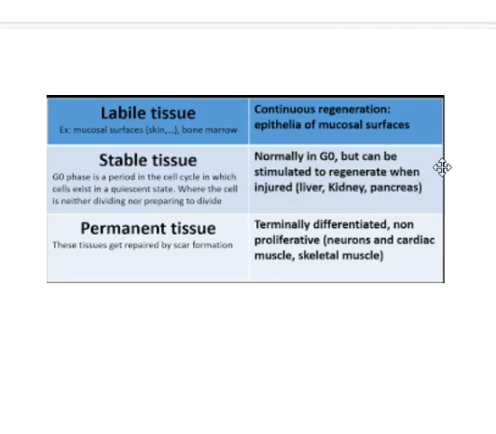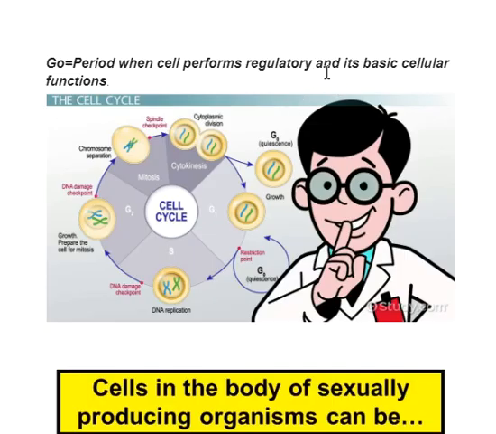It is liver, kidney, and pancreas. And when we talk about permanent tissue, as I said, it is terminally differentiated and non-proliferative, and it is neurons, cardiac muscle, and skeletal muscle.